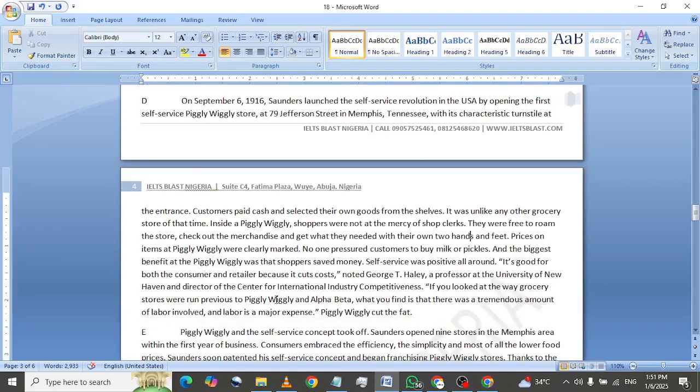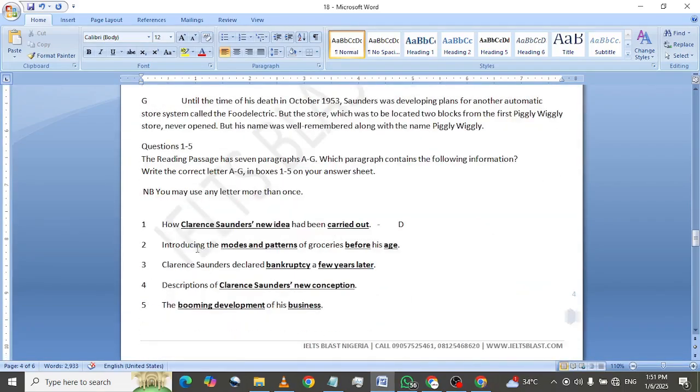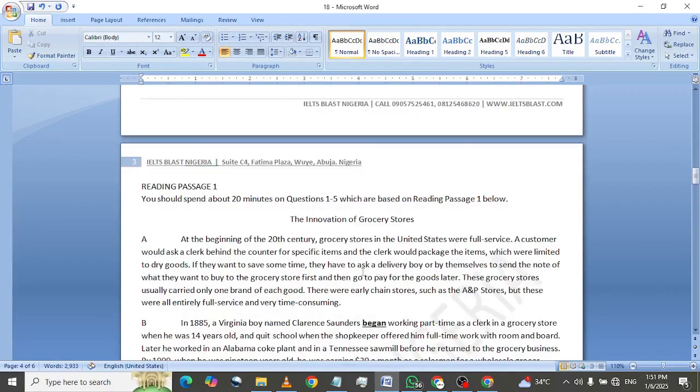Let's take a look at the question again. The question says what? Introducing the modes and pattern of grocery shops, introducing the mode and pattern of grocery stores. That means that they said at the beginning of the 20th century, grocery stores in the United States were full service. A customer would ask a clerk behind the counter for a specific item, and the clerk would package the item, which were limited to dry goods.